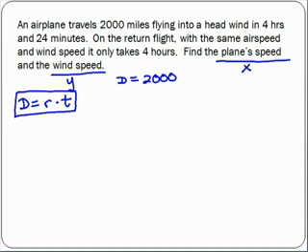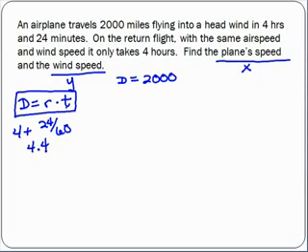They give us both of the times. So they give us the time for the first one, 4 hours and 24 minutes. So let's go ahead and convert that to a decimal. So we've got 4 hours plus 24 sixtieths. So 24 divided by 60 is 0.4. So we get 4.4 hours flying into the headwind, and then 4 hours.